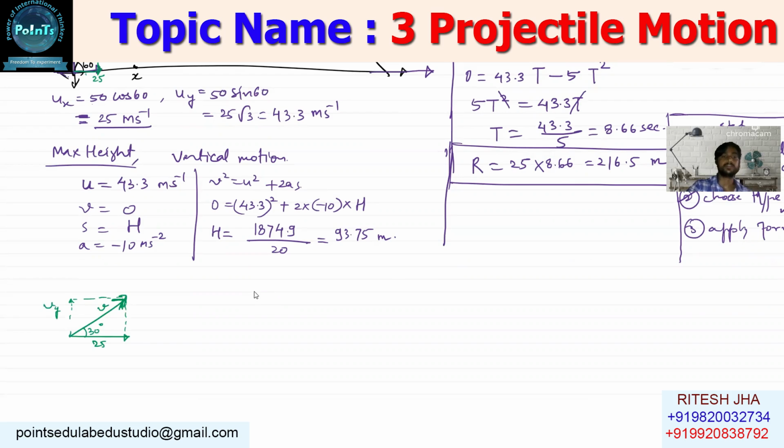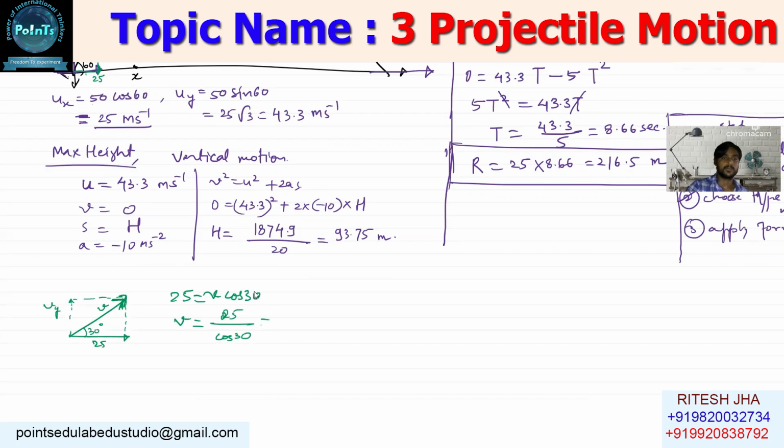Yes, we can. 25 is equal to V cos 30. Basically you rearrange the formula for the vector. So then V will be equal to 25 over cos 30.